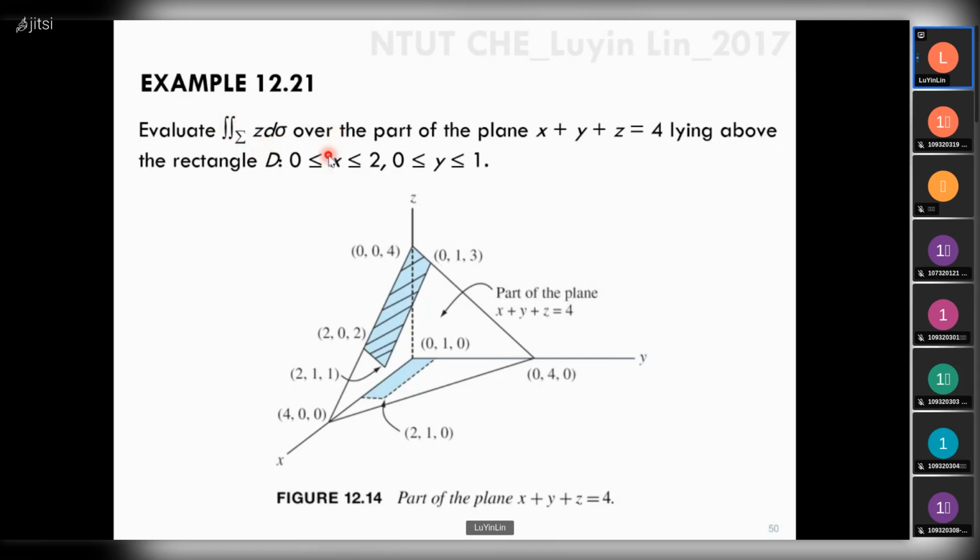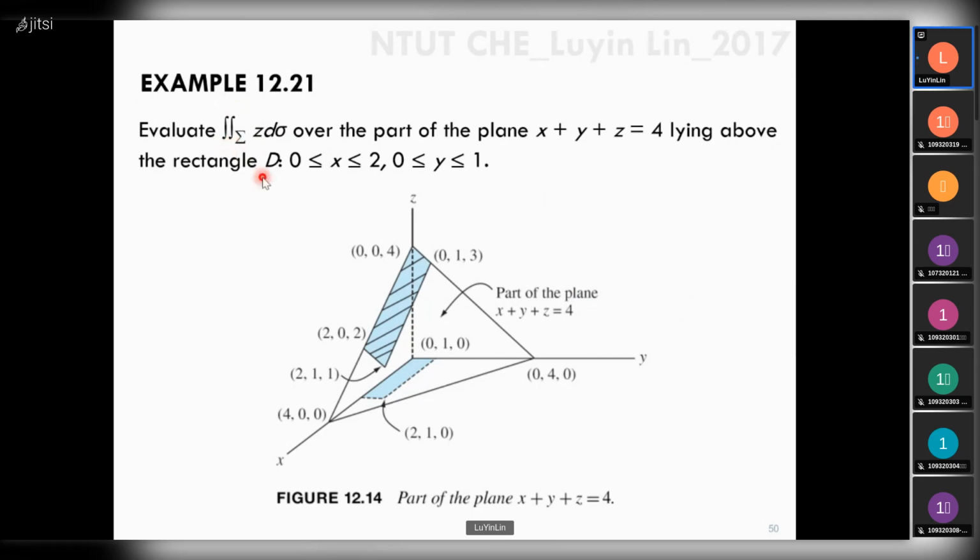You can find it is a surface integral. First find the integrand function, which is only z, and the target is sigma, right? Like the line integral, where you find a target for a single integral.